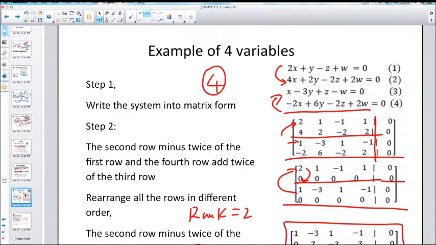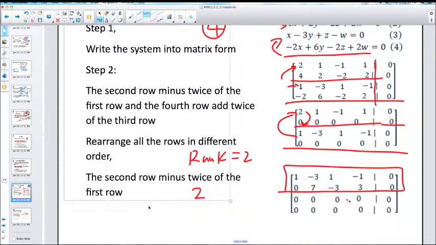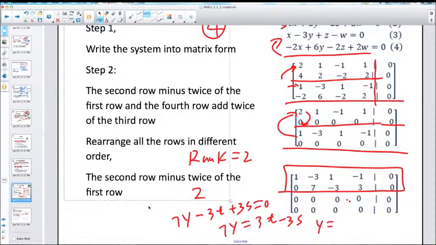Look at the third equation, it's right here. 7y minus 3t plus 3s equals 0. 7y equals 3t minus 3s. Then y equals 3/7 t minus 3/7 s.